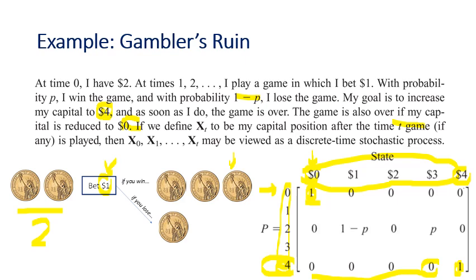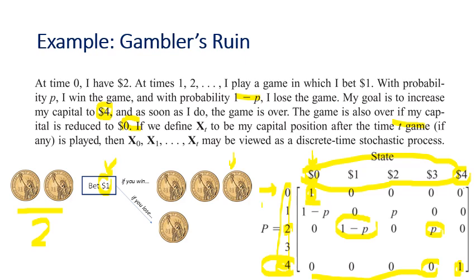Now at the beginning, you have $2. What is the probability of transitioning from $2 to the other states? From $2, if you win with probability P, you can jump to $3. If you lose with probability 1 minus P, at the next time step you will have $1. So this is why you have P in this column and 1 minus P in this column.